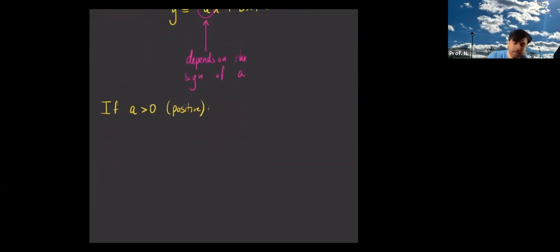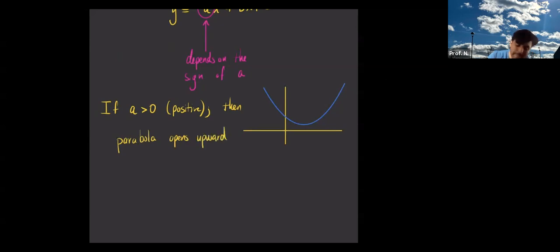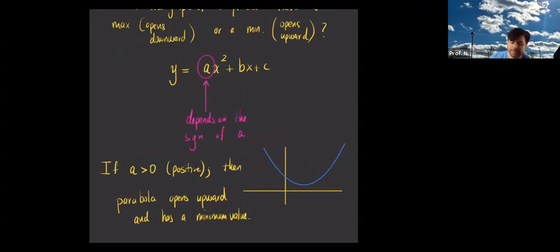If a is positive, then my graph is going to look something like this. Then my parabola opens upward and has a minimum value. So if my a value is positive, it opens up.